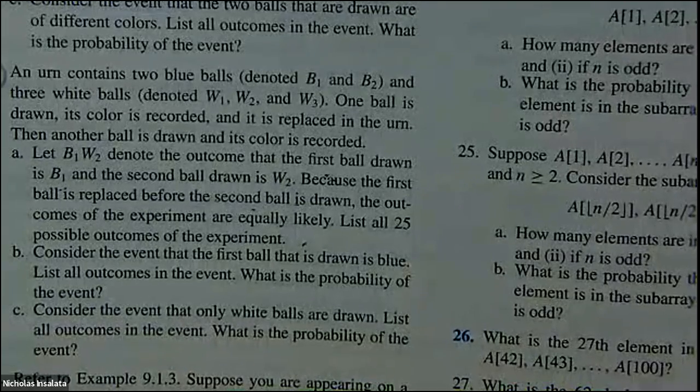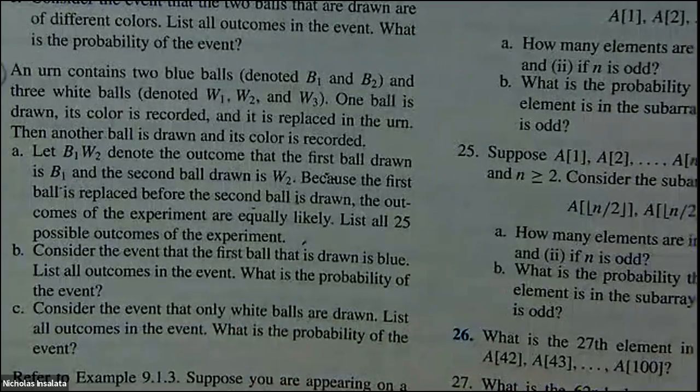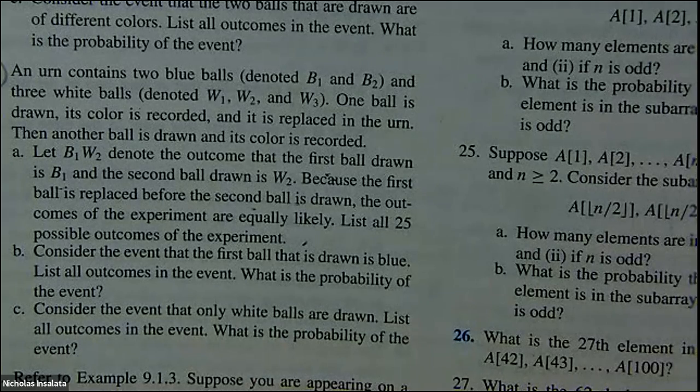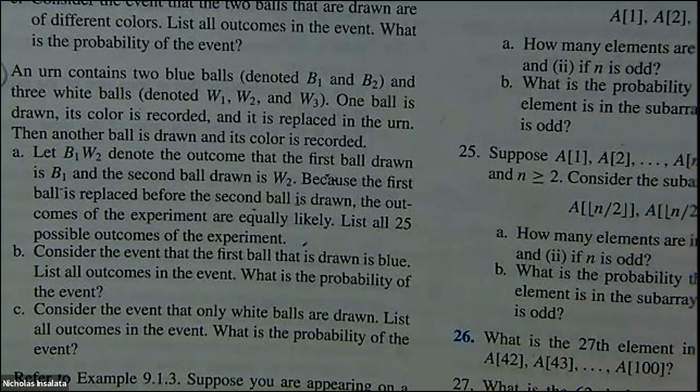Okay. How about the event that only white balls are drawn? What would that probability be? Three out of 25. 9 out of 25. Okay, which one's right?